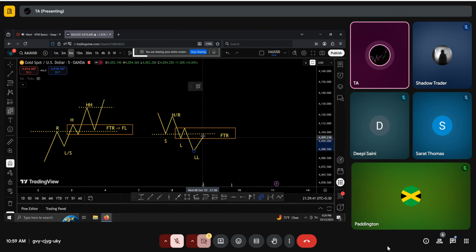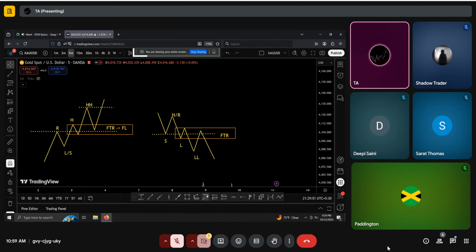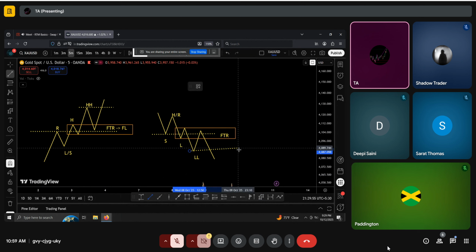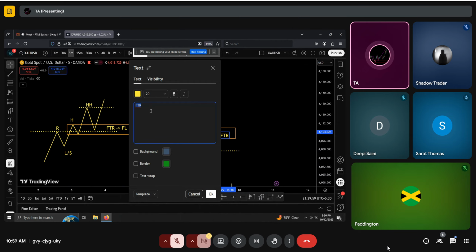Price goes back again into this zone, can go here, here, but should not cross this box to the upside, and come back again. It should cross this lower low level here. If this is crossed, now this FTR will convert to FL.